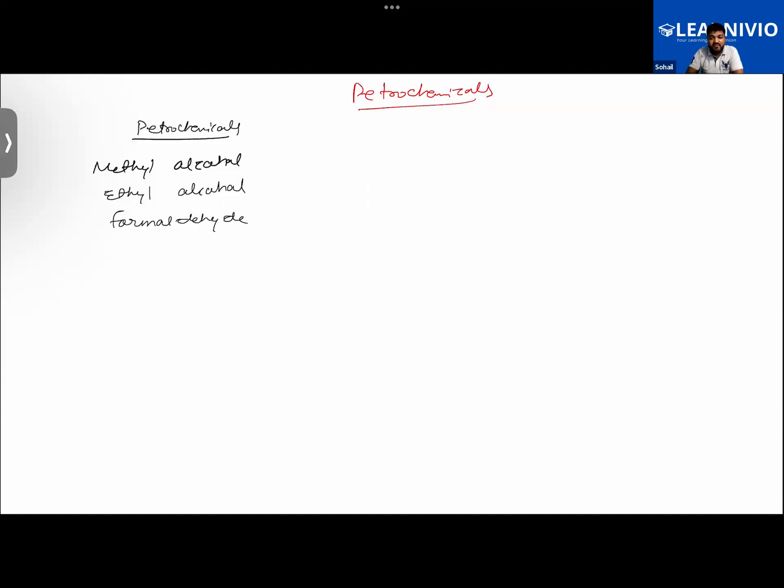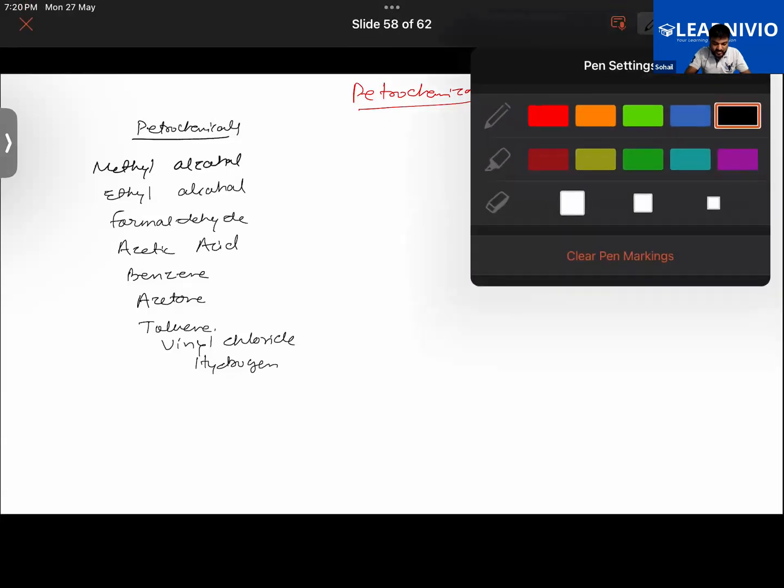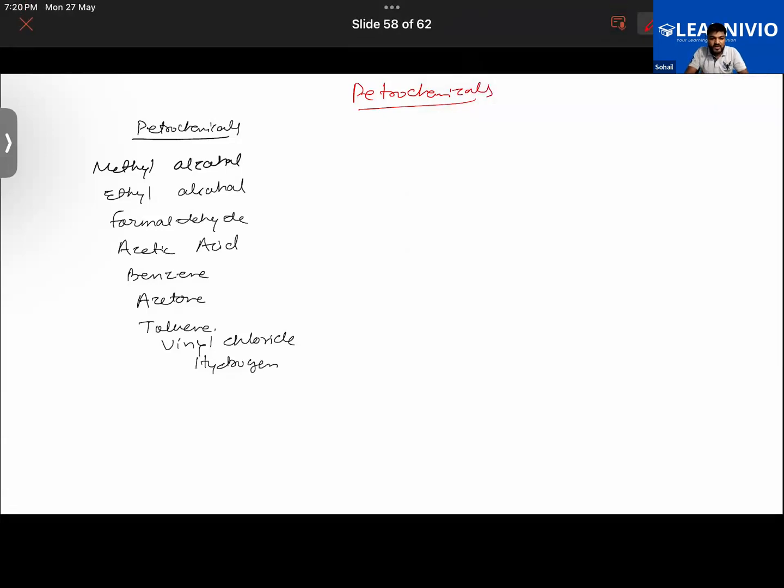Then you have acetone, acetic acid, ethylene also. Benzene is also there. There are a few left, like toluene. Then you have vinyl chloride, and obviously hydrogen is also there. So these are the different petrochemicals that are obtained from petroleum and natural gas.